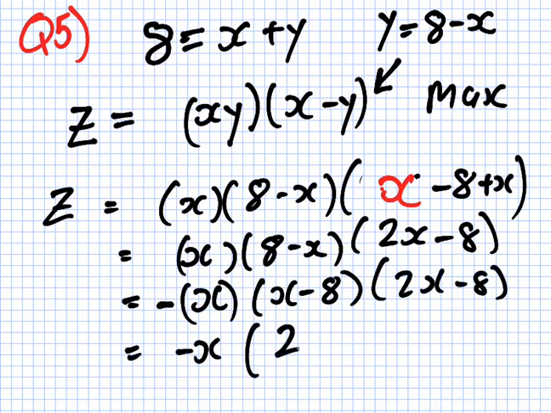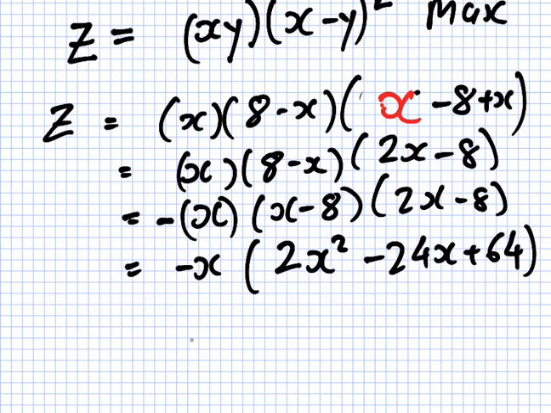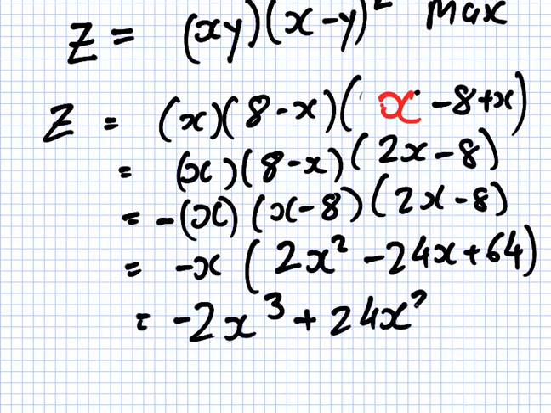This would be 2x squared minus 8x minus 16x minus 24x plus 64. Okay, that will be minus 2x cubed plus 24x squared minus 64x. That's the z.